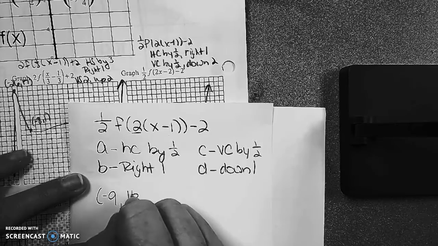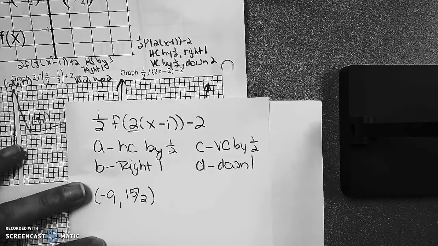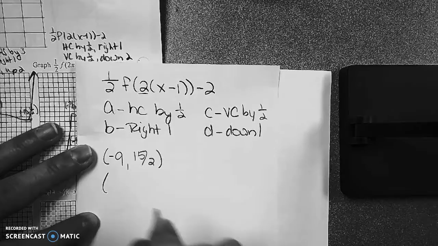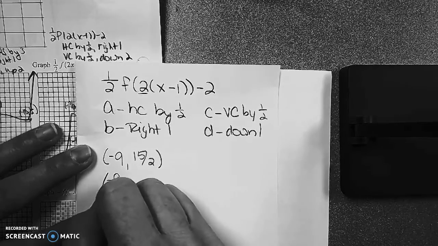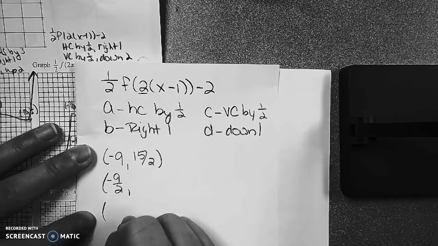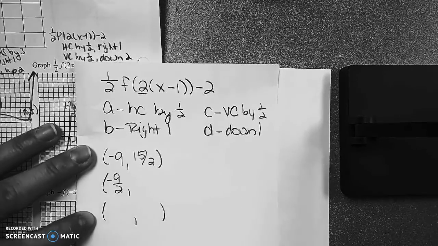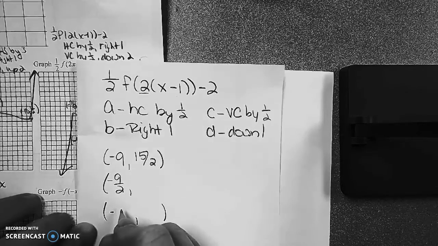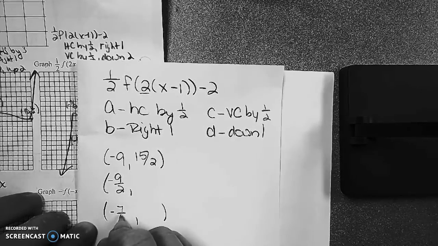I can start with my parent function. A horizontal compression by 1/2 will take -9 and make it -9/2. Right 1 means I'm going to add 1. So -9/2 plus 1 would be -7/2.